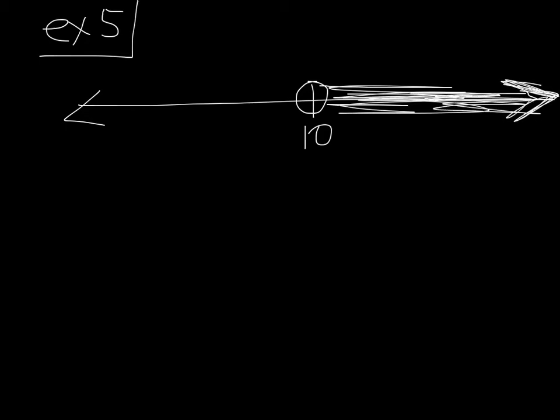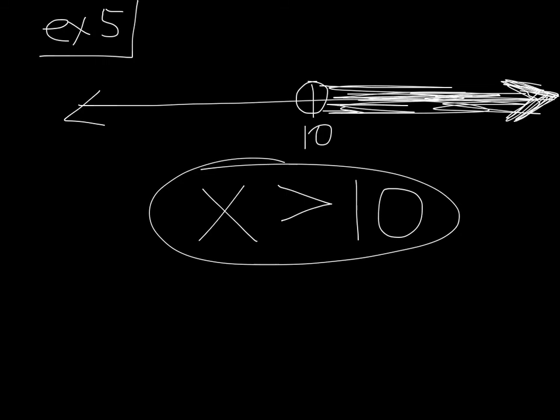So, since it's an open circle, and it doesn't matter what letter you use, I'm just going to use X. It's a normal letter to use. So X is everything greater than 10, but it's not equal to 10 because of the open circle. So your answer would be X is greater than 10. So that's a pretty simple one and pretty simple section. And that is all. Good luck.